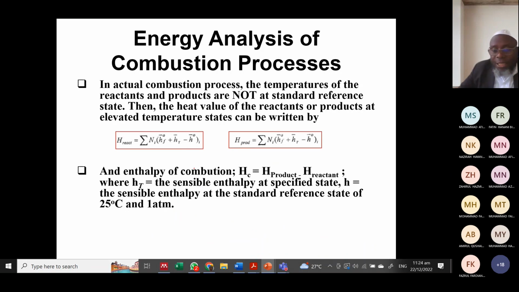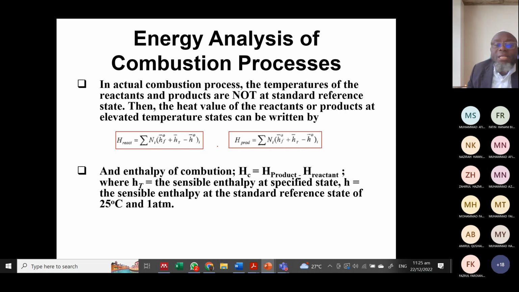Okay, so now the analysis of combustion reaction. In an actual combustion process, the temperatures of the reactants and the products are not at standard reference state. In all practical life situations, like in an internal combustion engine, the temperature is extremely high, so we cannot refer to it as a standard reference state.